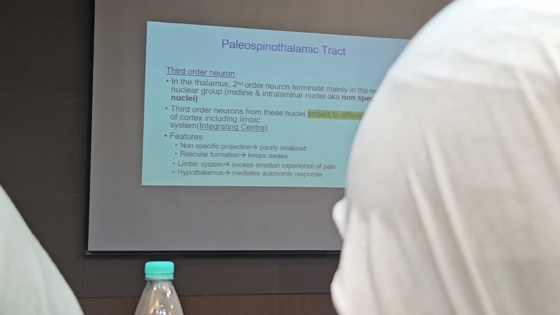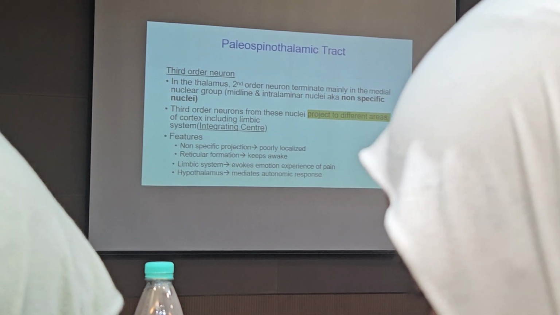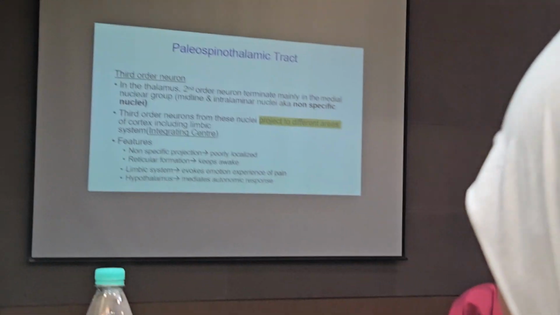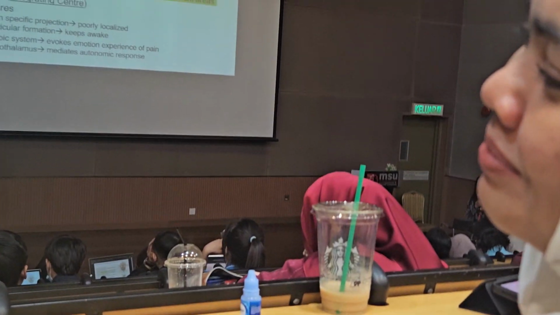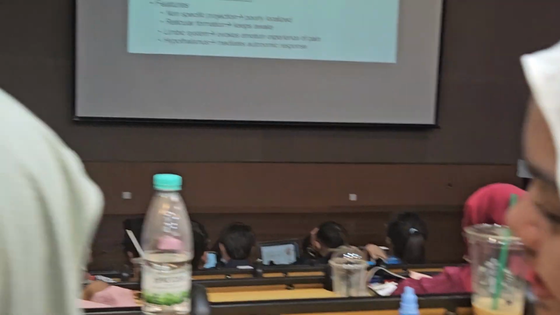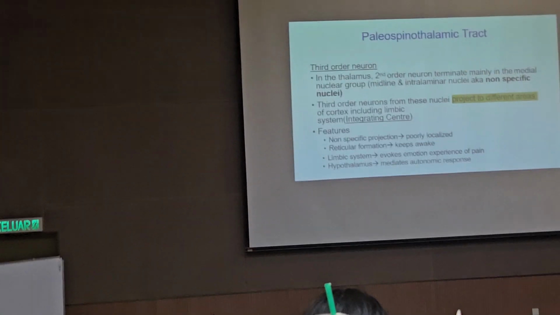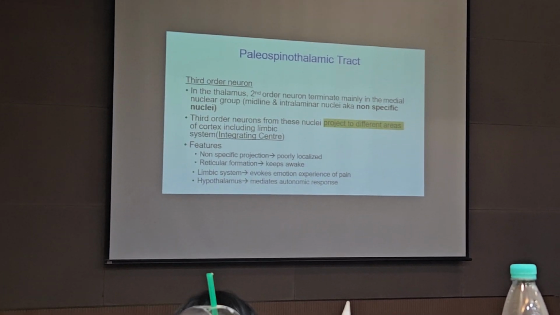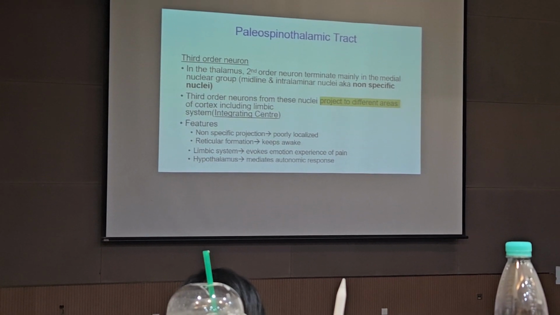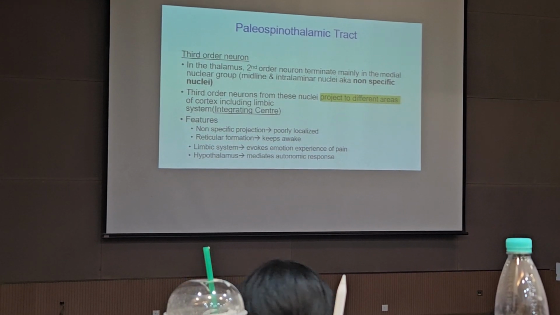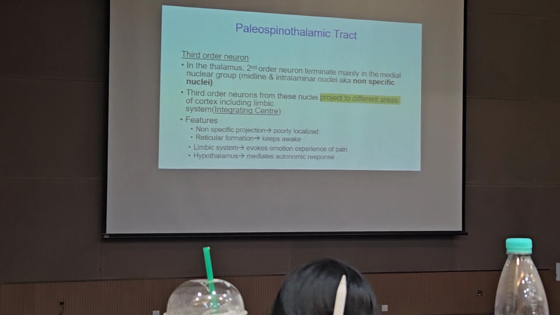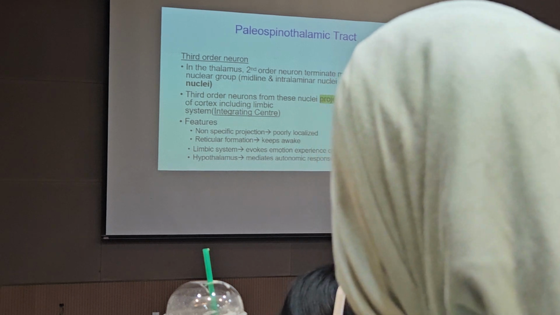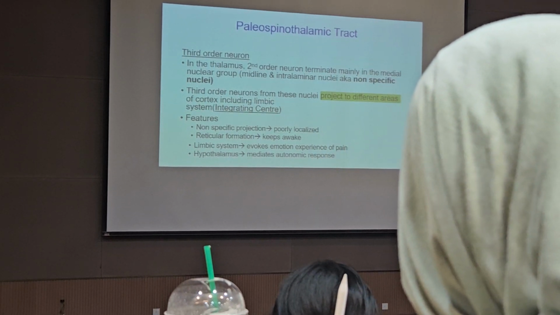The limbic system gets the emotional experience, so people will cry, or previously we had the same feeling of pain. Even though the pain is not severe, if in the past you suffered more severe pain, you will think that the pain is severe because of past experience. Because of projection to the hypothalamus, it stimulates autonomic responses like nausea, vomiting, sweating.